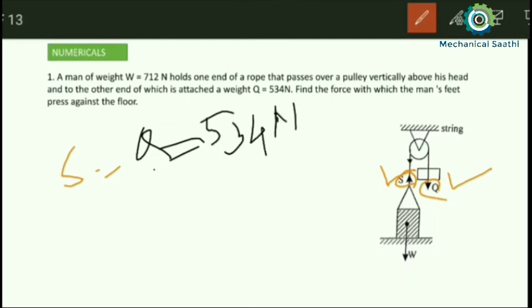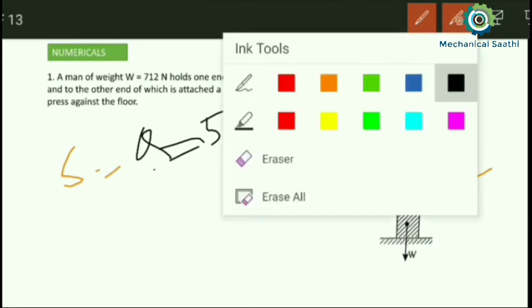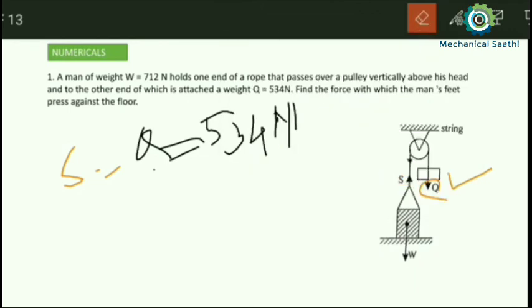So S we have calculated, that is 534 Newton, and W is given, that is 712 Newton.